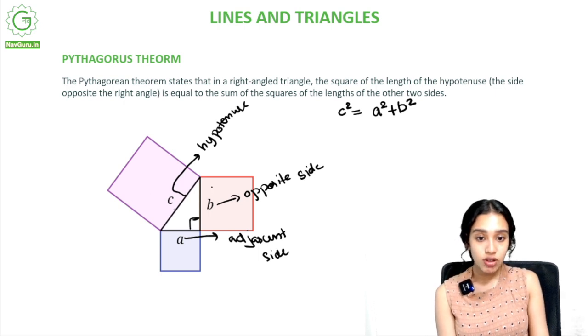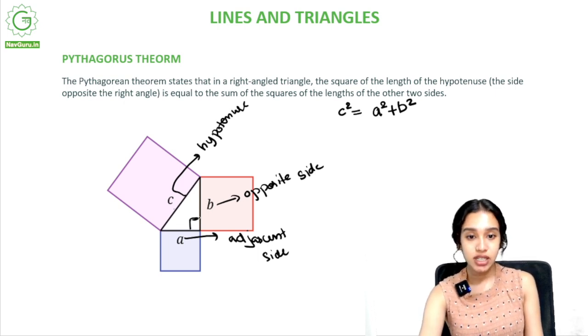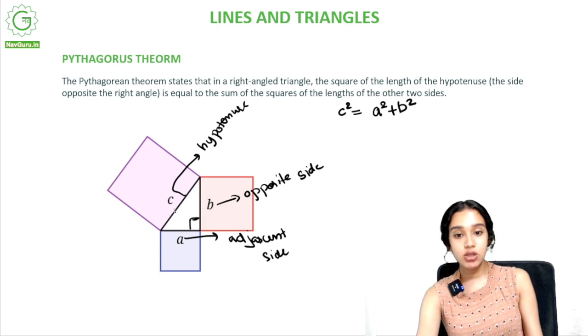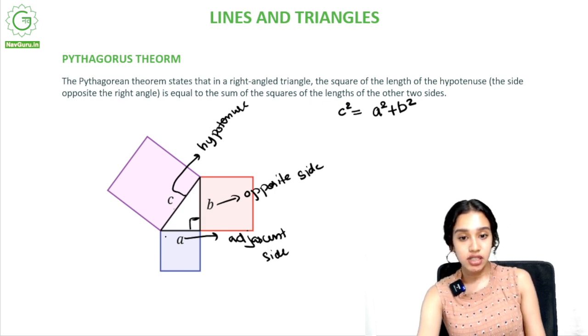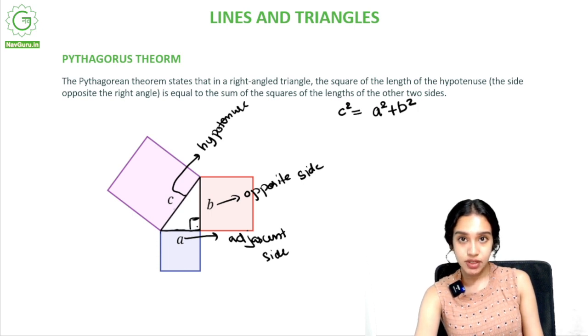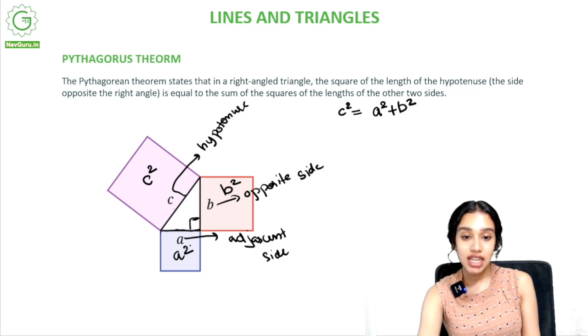Here is a very interesting figure to show how this is happening. If I'm taking A as one side and drawing a square, the area of the square is A square, the area of this square is B square, and the area of this square is C square. Now Pythagoras discovered that if we add up the areas of these two squares, we get the area of this square.